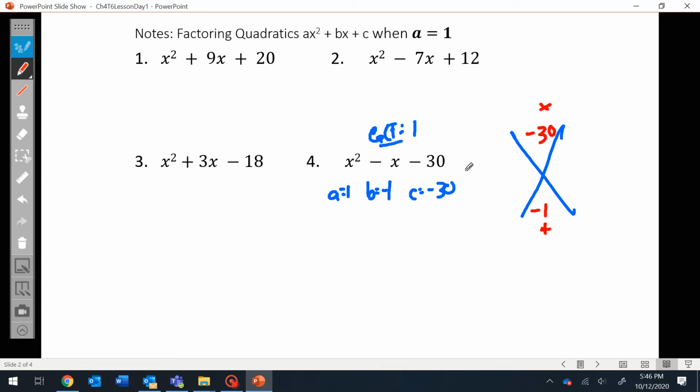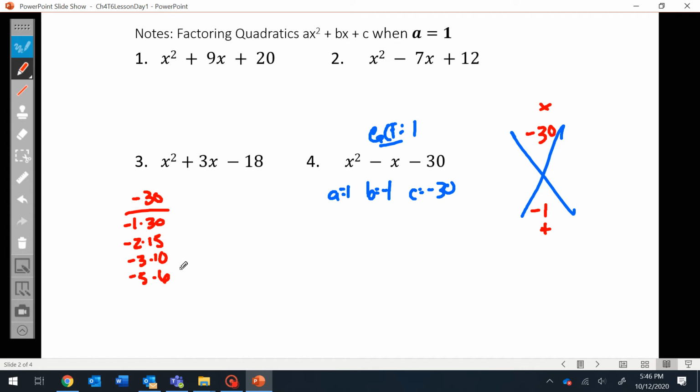So let me go through all the numbers that multiply to -30. I got -1 times 30, -2 times 15, -3 times 10, -5 times 6. Alright, none of these add up to -1. This one's close. It adds up to +1.